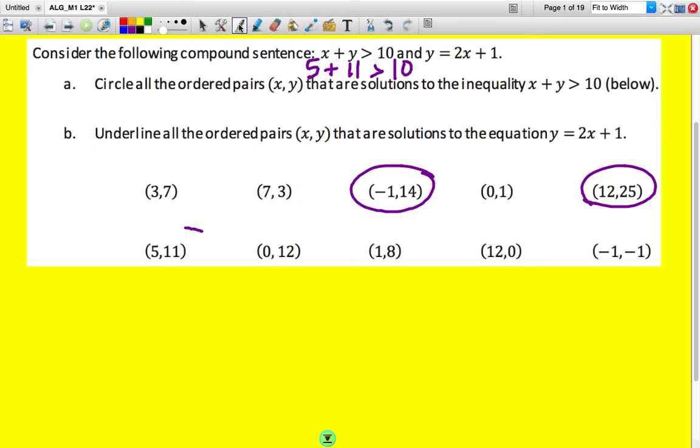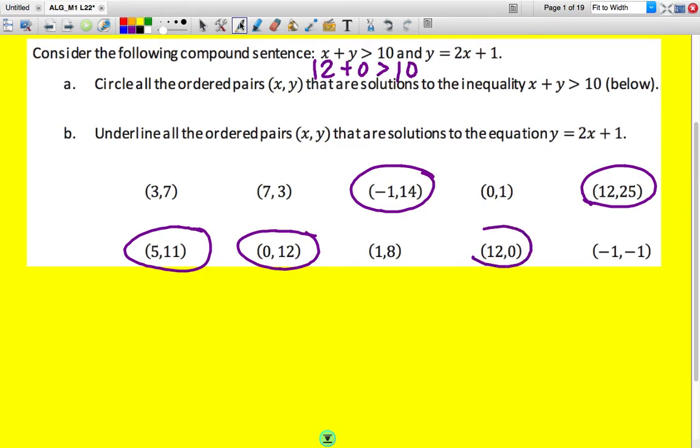That is true. 0 plus 12 is greater than 10. That is true. 1 plus 8 is greater than 10. That is not true. 12 plus 0 is greater than 10. That would be true.